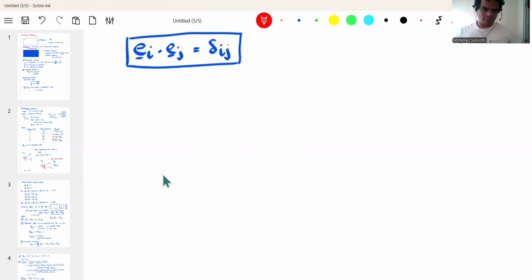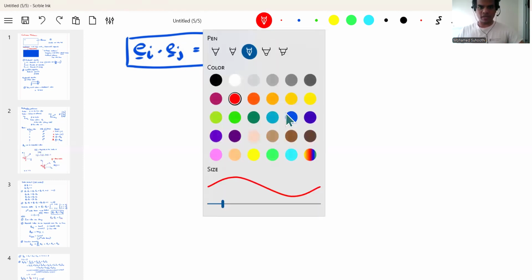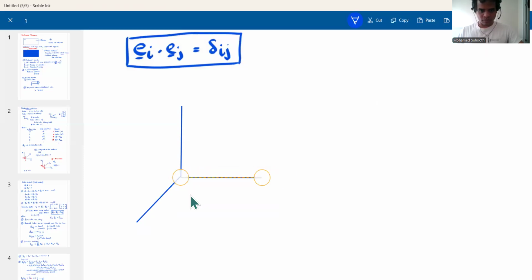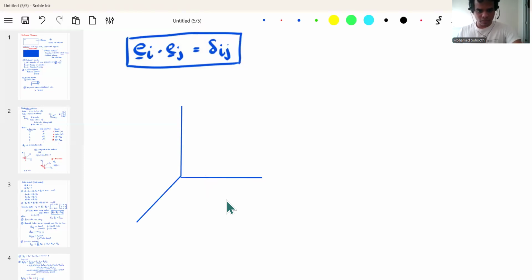Okay. So for that, let me consider the axis system this way. I'll use a different color. Right.